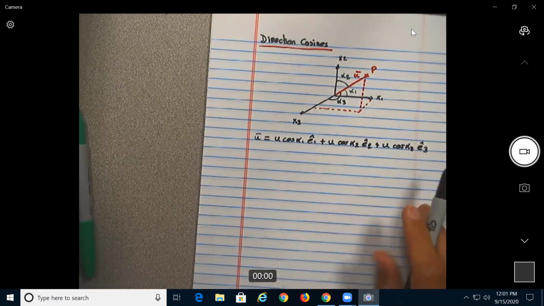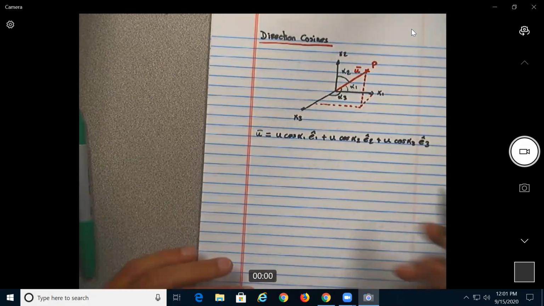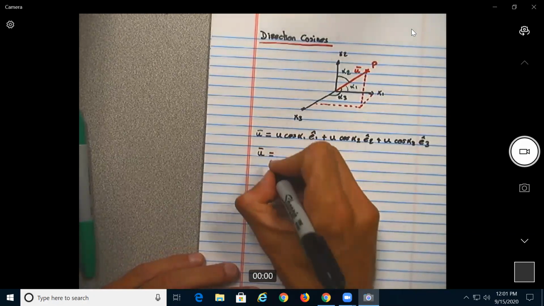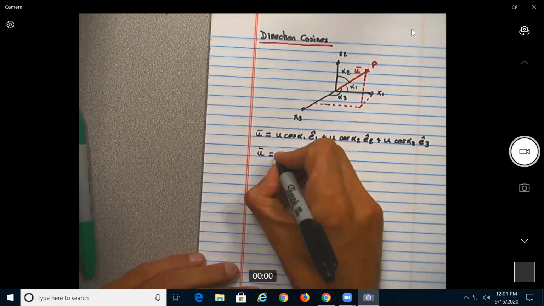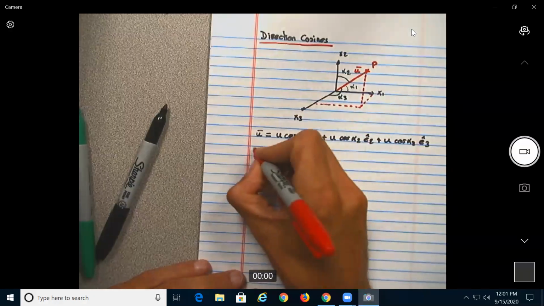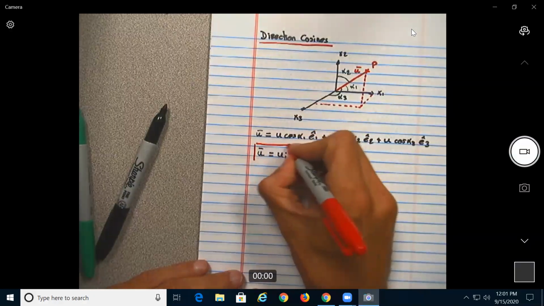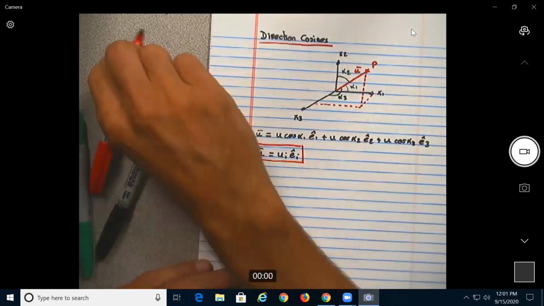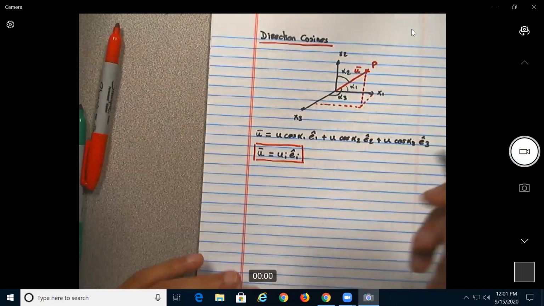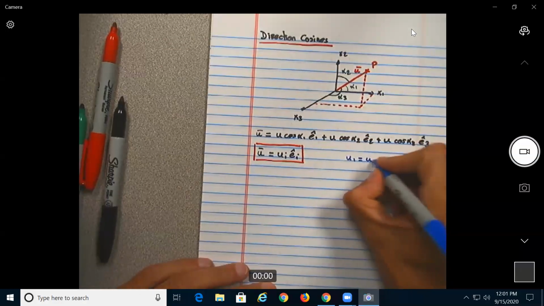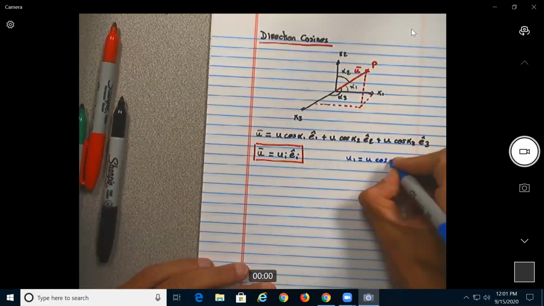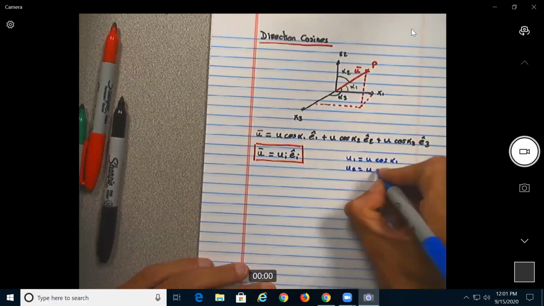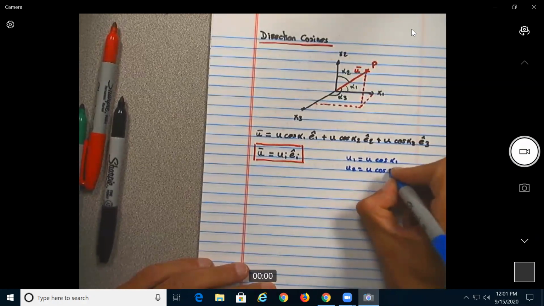We can write this as u equal to u sub i, e sub i. In this notation, u1 is u cosine alpha 1, u2 is u cosine alpha 2, u3 is u cosine alpha 3.